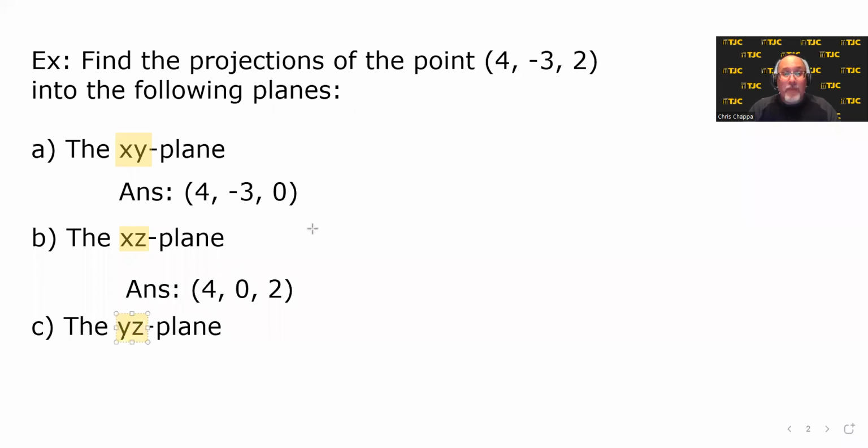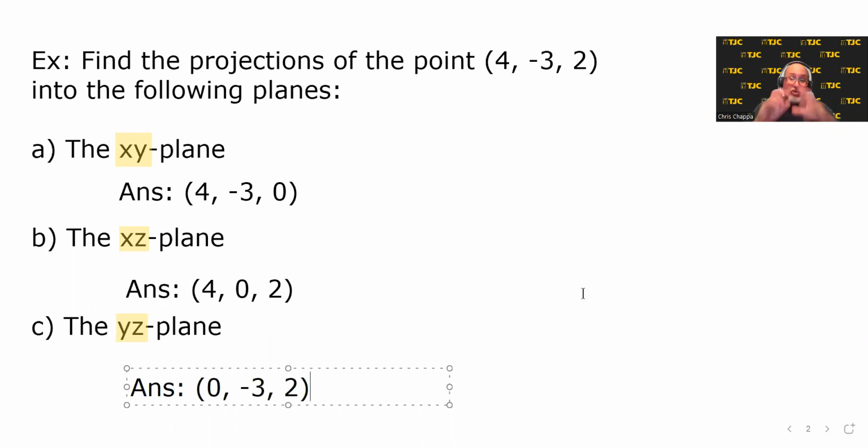At least I hope you are. What about the projection into the YZ plane? Well, we would keep the Y and the Z coordinates and 0 out the X coordinate. So 0, -3, 2. So put simply, to project into a plane that's defined by 2 of the 3 axes, you keep 2 of the 3 coordinates and 0 out the third one.